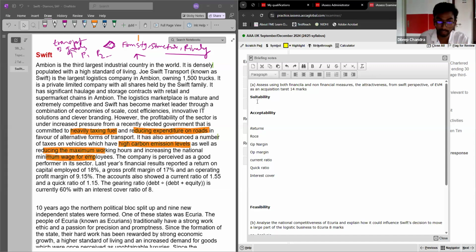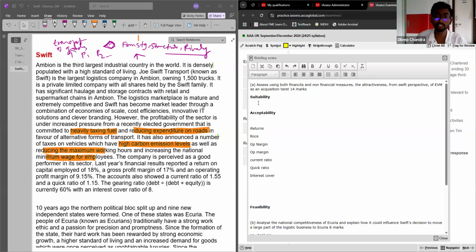In the suitability area, we are looking at the information of SWIFT, right? At the same time, in a few seconds, we are going to look at the information of Ecuria also. So in Ecuria, if conditions are better, if no high tax is laid on fuel, and the government is investing in roads and infrastructure, then it is suitable for SWIFT to move over there, right?